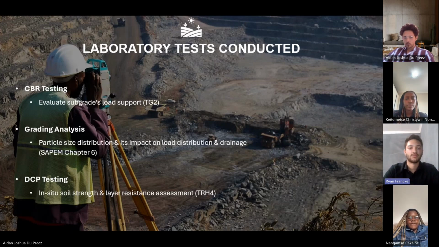The DCP provides real-time information about the strength of the material at various depths, allowing for a more comprehensive understanding of the subgrade's variability across the site. Areas with low resistance may indicate weaknesses or the need for additional stabilization. DCP testing is especially useful for identifying specific zones that may require interventions, such as soil stabilization or reinforcement, to ensure a uniformly strong foundation for the pavement.